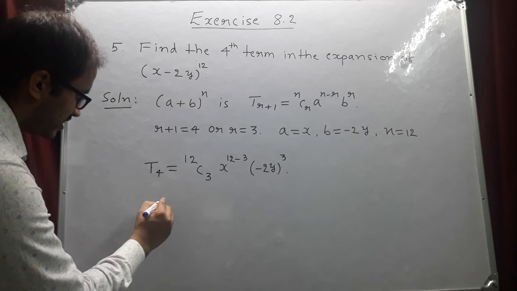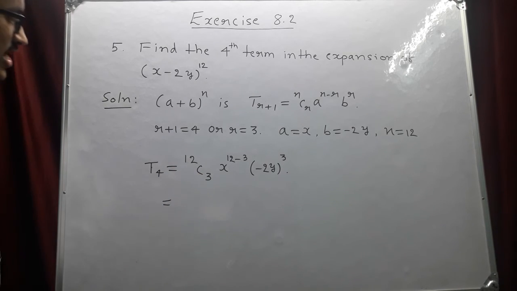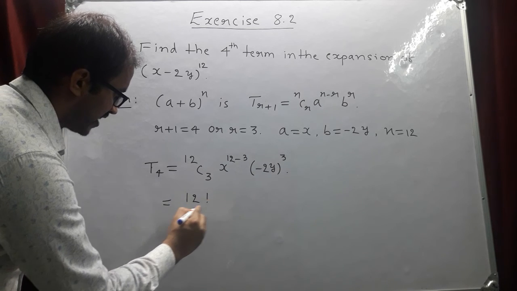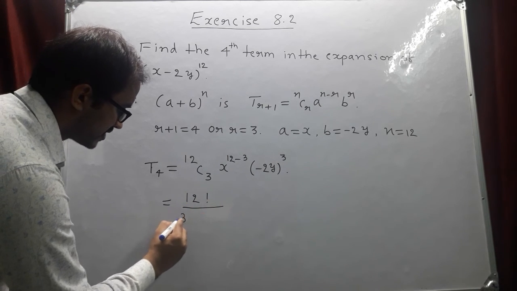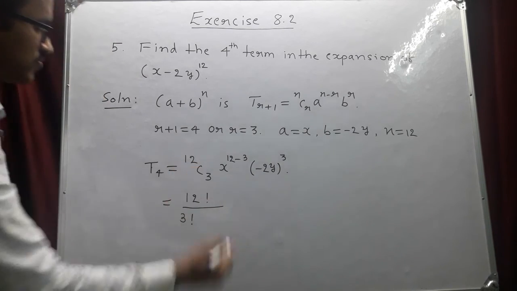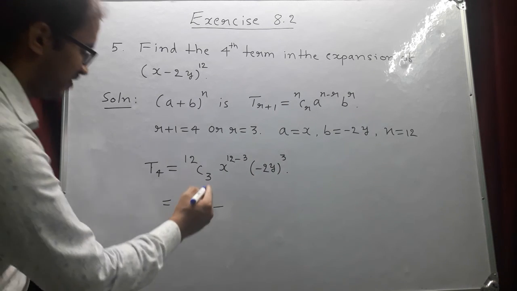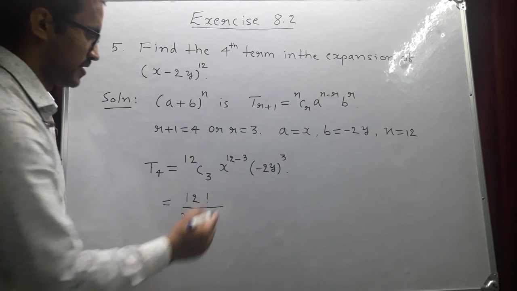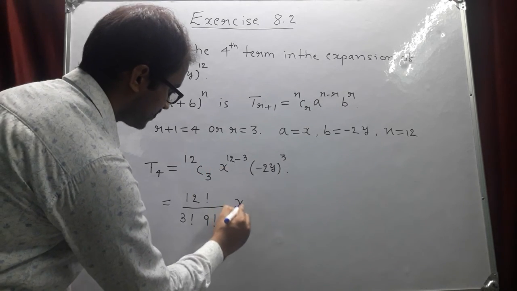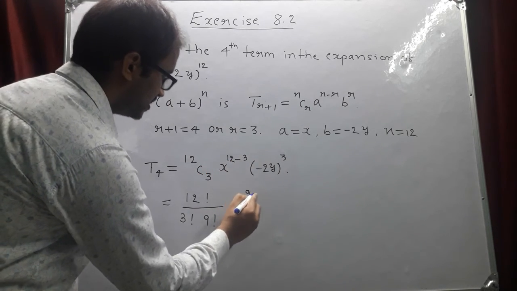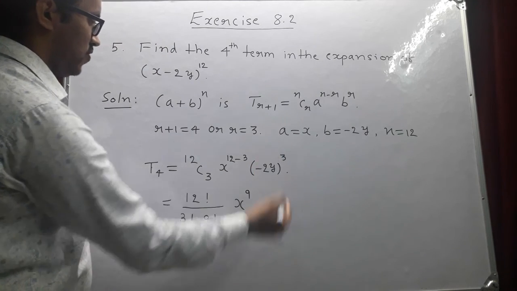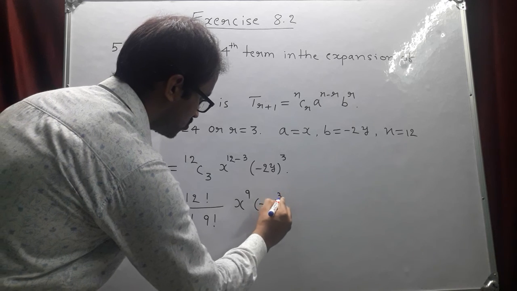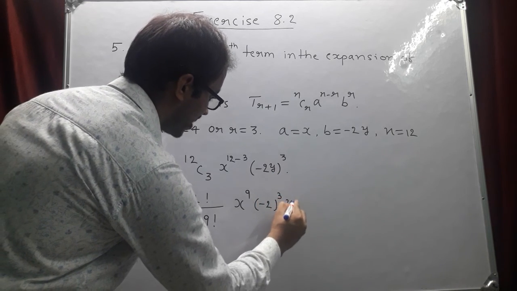Simplify this one, 12C3. That is equal to 12 factorial by 3 factorial into (12 − 3) factorial, that is 9 factorial. Here x⁹ into (−2y)³. We can write it as (−2)³ into y³.